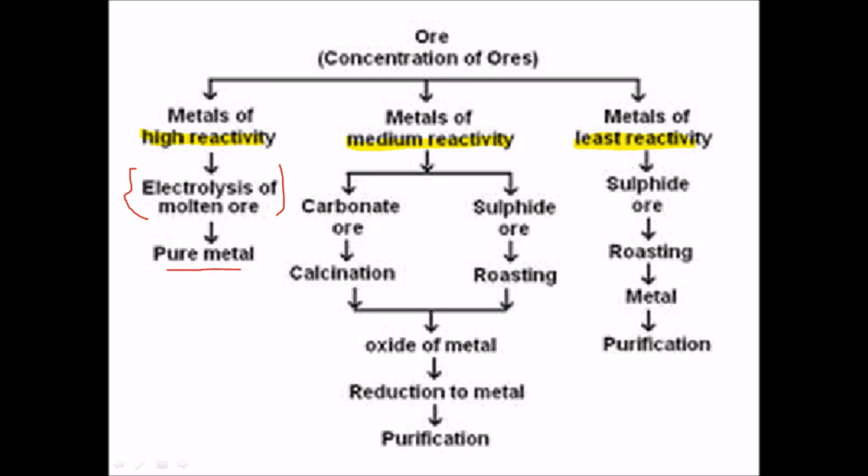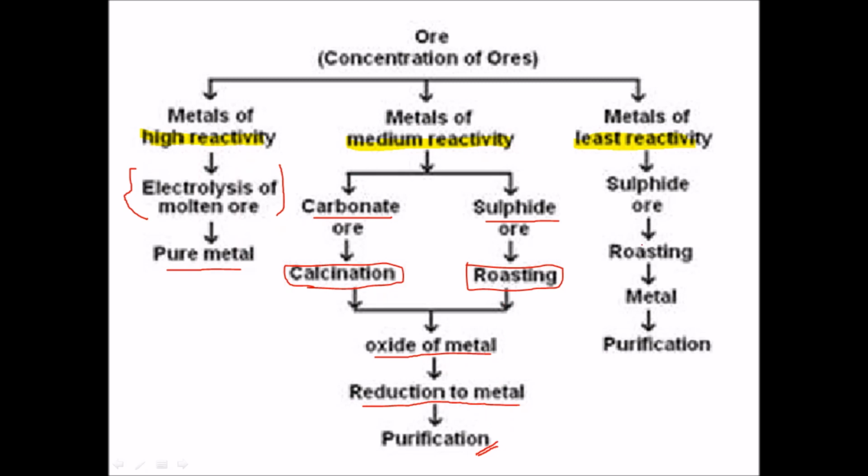Those metals with medium reactivity, if they are in the form of a carbonate ore, undergo the process of calcination in the extraction of the crude metal. And if they are of the sulfide ore, they undergo the process of roasting. In both these cases, you find the metal being converted into its metallic oxide, and then the reduction of the metallic oxide to its metal takes place, after which purification of the metal is done.